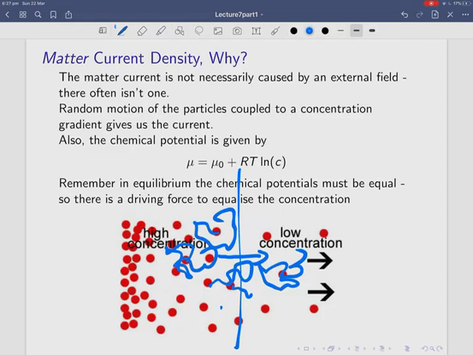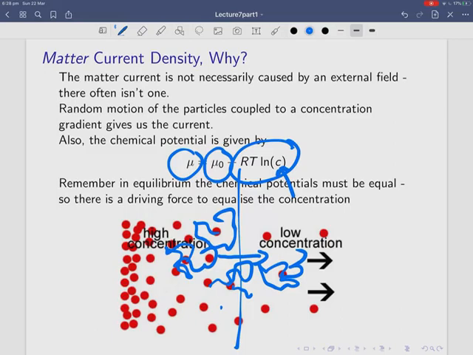Okay, another way of looking at it is to look at the chemical potential. If you write down the formula for the chemical potential, we'll find the chemical potential here, mu, is equal to some constant plus universal gas constant times the temperature times the log of the concentration. And remember, if you have a system, the chemical potentials of the same species try and equalize all over the system.